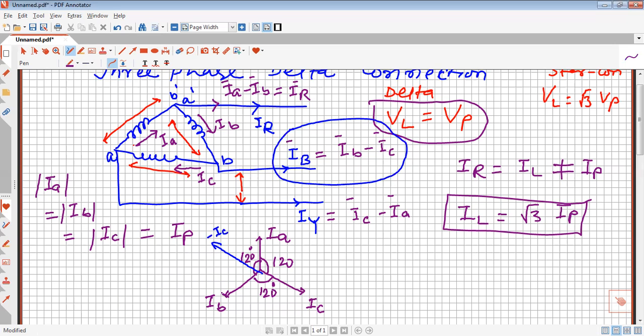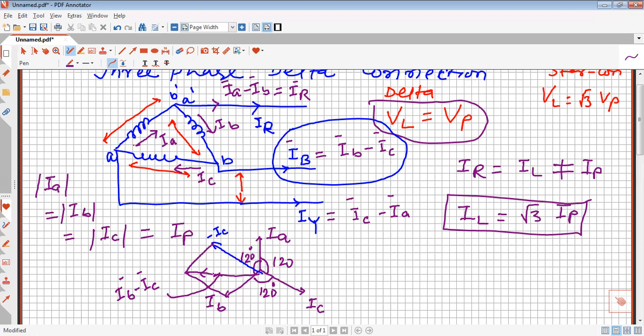I am drawing the parallelogram like this. This will be the resultant, and this resultant is equal to IB minus IC. This is the vector difference.